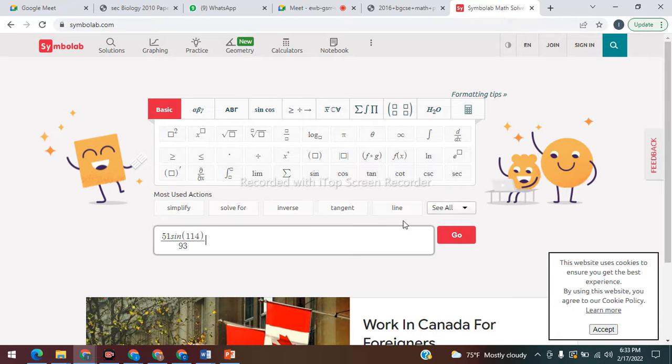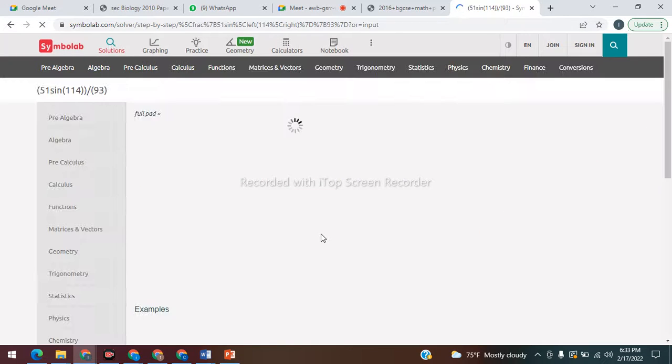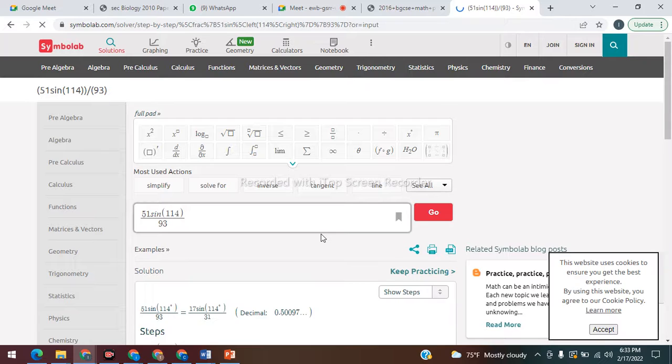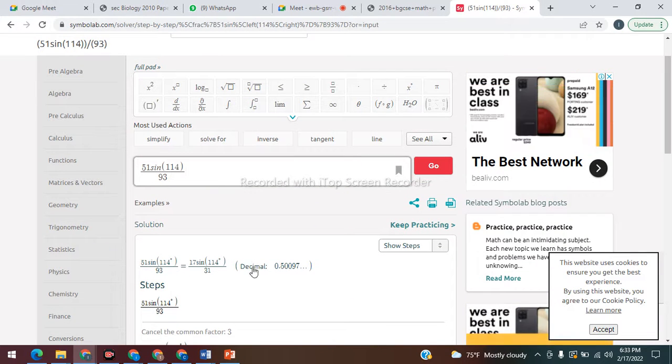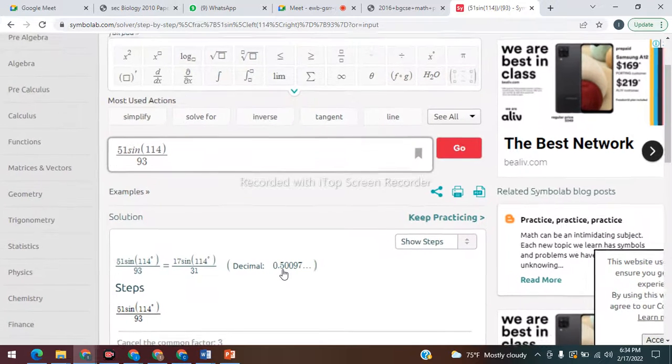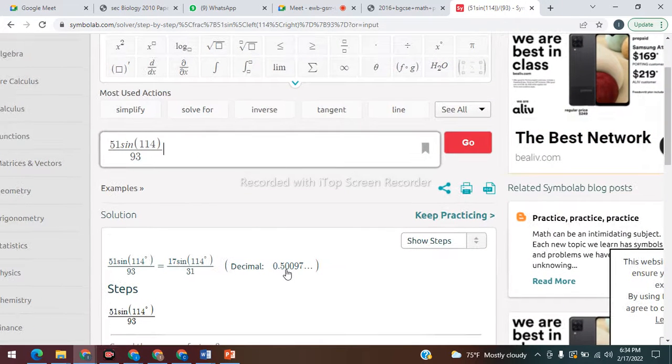Once we do that, it's going to be equal to 0.5 basically, if we round off.